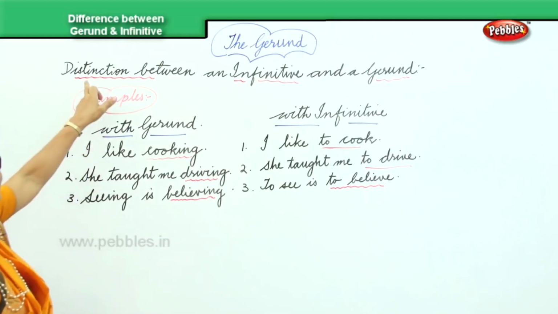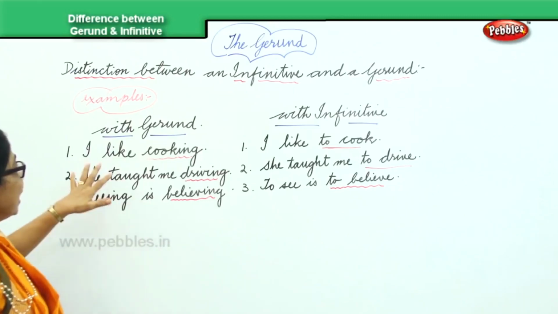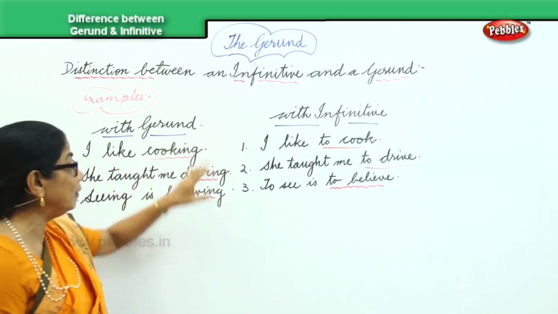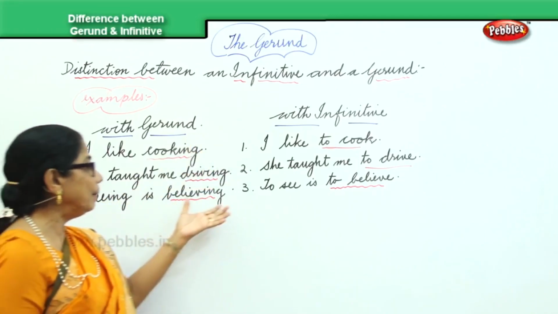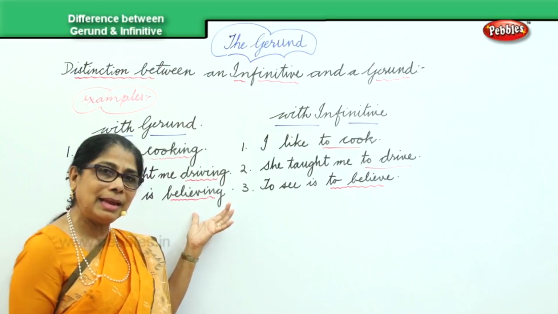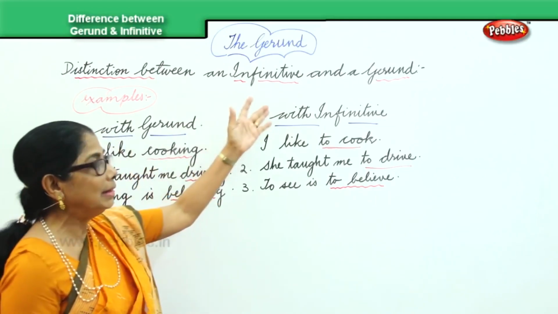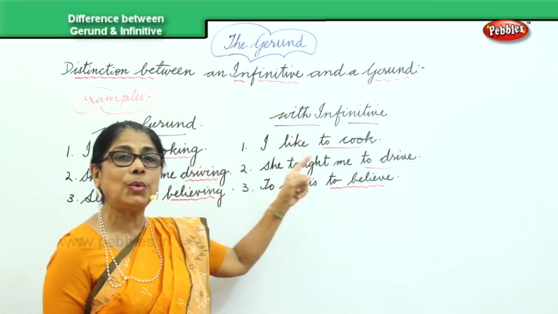Here are examples of the distinction between the infinitive and gerund. In the gerund, you say "I like cooking," "She taught me driving," and "Seeing is believing." The verb ends in -ing. The same thing in the infinitive: only for the verb, instead of -ing, you add "to."